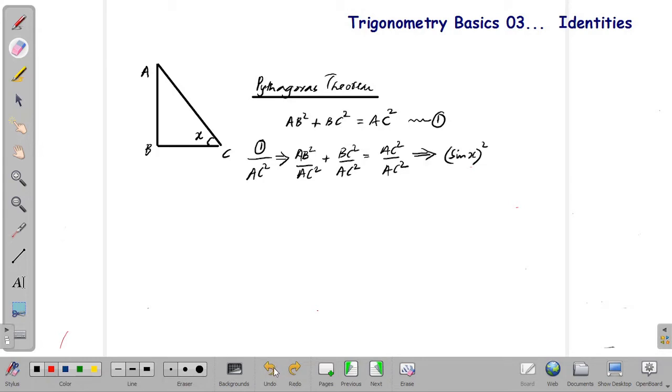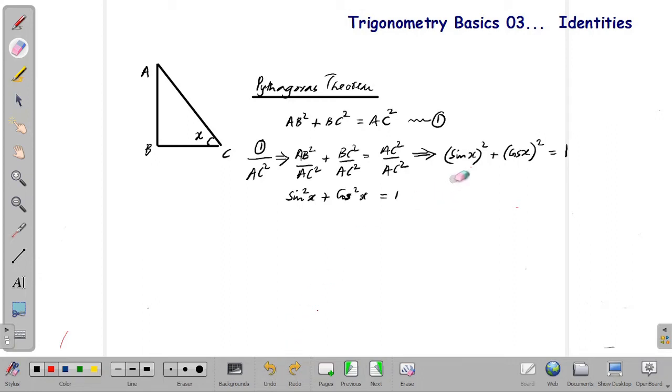AB by AC is nothing but sin X, and its square is sin X whole square, plus BC by AC is nothing but cos X. Its square is cos X whole square, equal to 1. AC square by AC square is equal to 1. Now, how do we write this formula? We write sin square x plus cos square x is equal to 1.